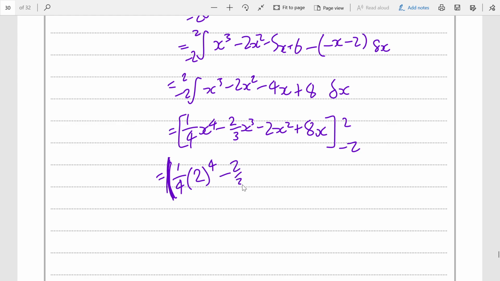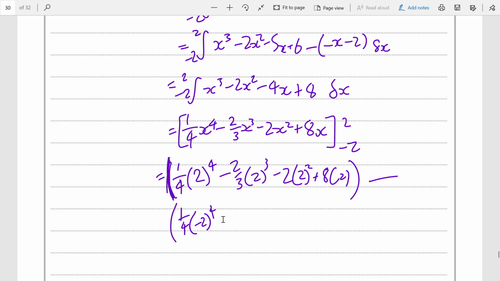So minus 2 over 3 times 2 to the 3, minus 2 times 2 to the 2, plus 8 times 2. And from all of this, subtracting 1 over 4 times minus 2 to the power of 4, minus 2 over 3 times minus 2 to the power of 3, and so on and so forth.